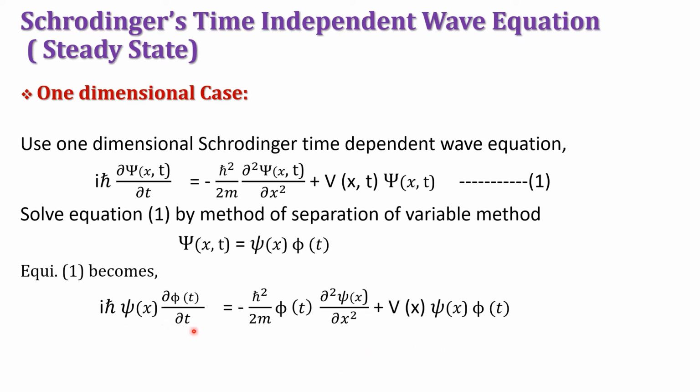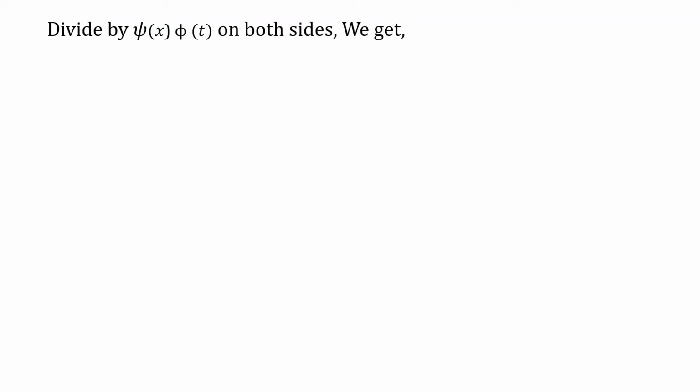This equation we simplify by dividing by psi of x phi of t on both sides of the equation, and we rearrange the equation.